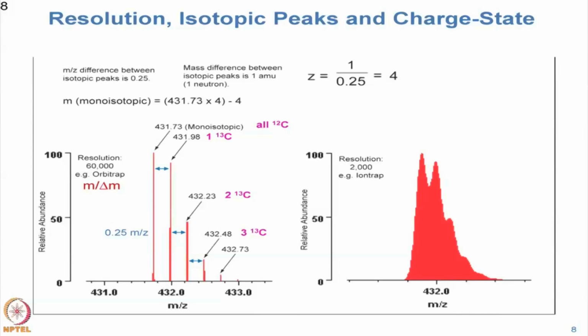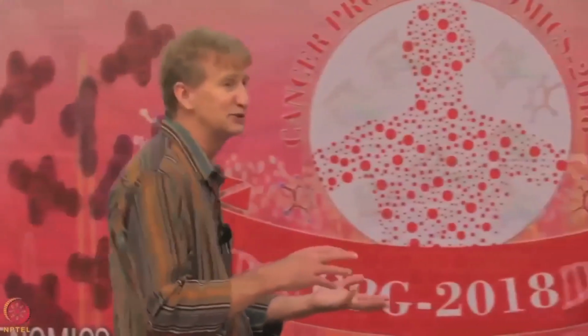Furthermore, to make it even more complicated, Thermo uses a different measure depending on which instrument they're talking about. They will quote you a resolution number at mass 400 for their quadrupole type instruments, and for the hybrid instruments they'll quote it at mass 200. So when you say, oh, I want this instrument because it's got higher resolution, it doesn't. It's just that they've changed where they give it to you.